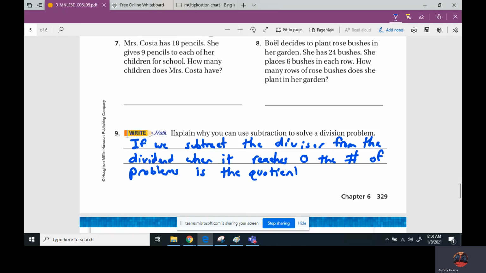Remember, quotient is the answer to a division problem. So if we subtract the divisor from the dividend, when it reaches 0, the number of problems is the quotient. You might want to pause it right there to get all that copied down. That's a pretty big answer. Okay.